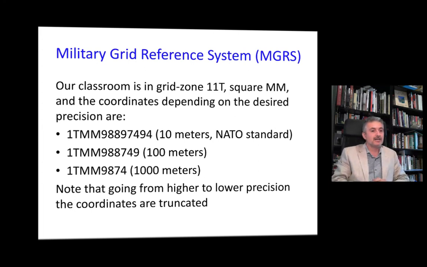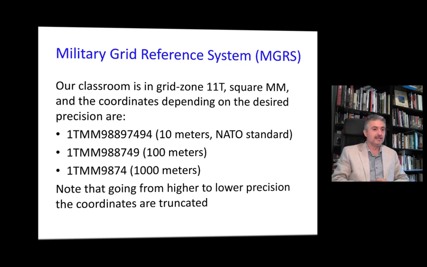If the numbers are 6 numbers, then it's a 100 meter grid. If you get only 4 numbers, it's a grid in kilometers. If we get 10 numbers, that would be the 1 meter grid, and so on and so on.